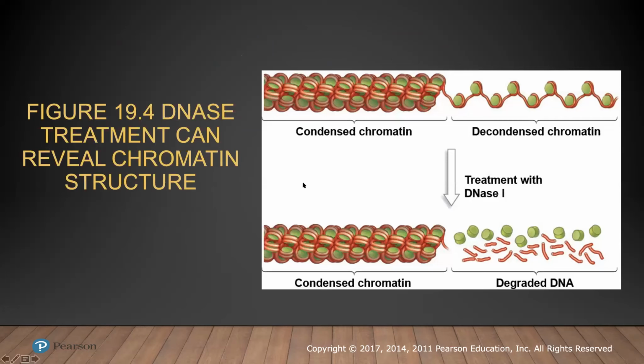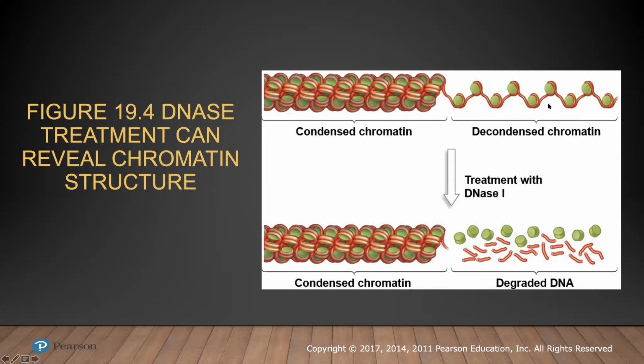Here's a quick schematic of what this looks like. We have our condensed chromatin on the left-hand side, and on the right-hand side is the decondensed chromatin. This is representing a gene that was actively being transcribed in their cell of interest.